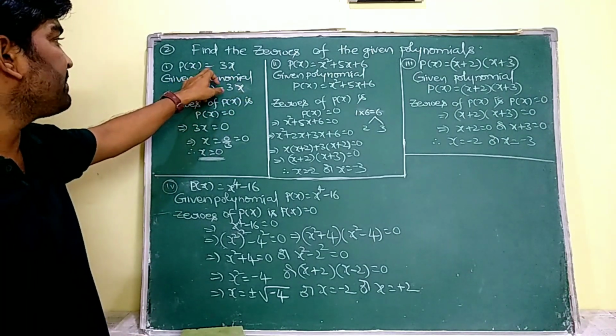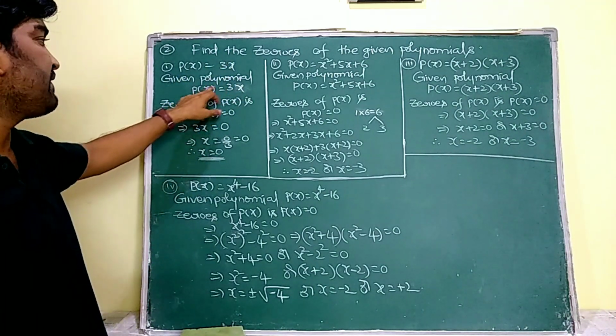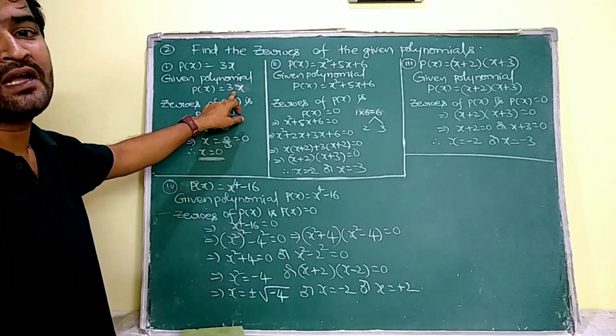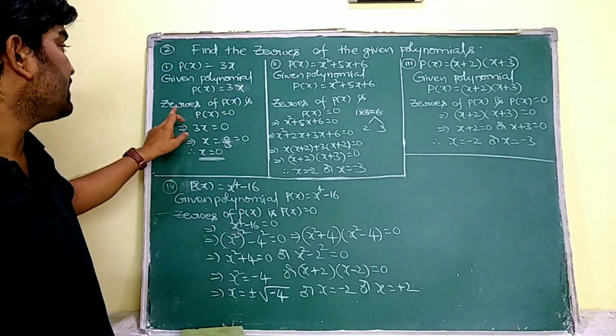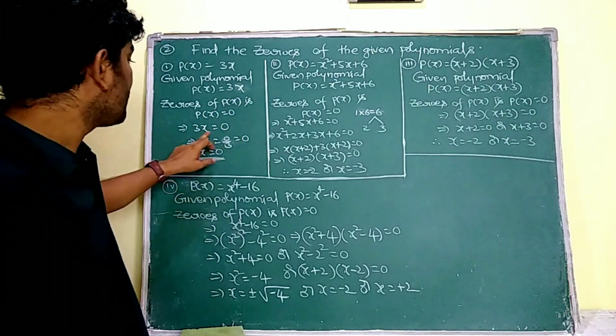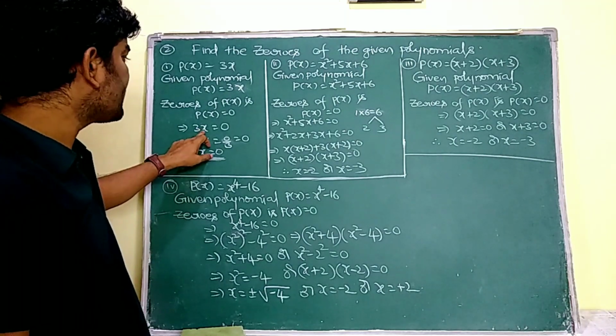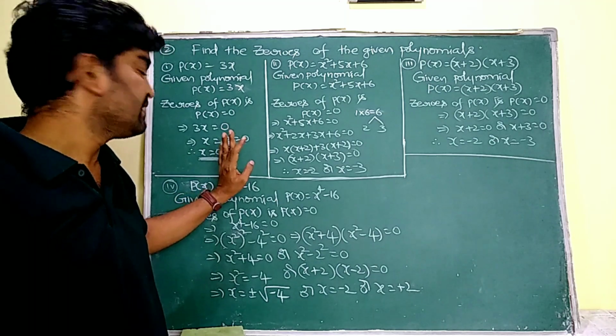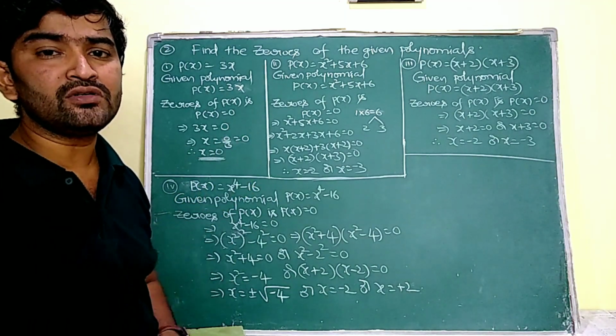Here he gave the polynomial p of x as 3x. So p of x is equal to 3x. To calculate the zeros of this polynomial, I must equalize it to 0. Therefore, zeros of p of x is equal to 0. So 3x is equal to 0. So x is equal to 0 by 3, that is equal to 0.